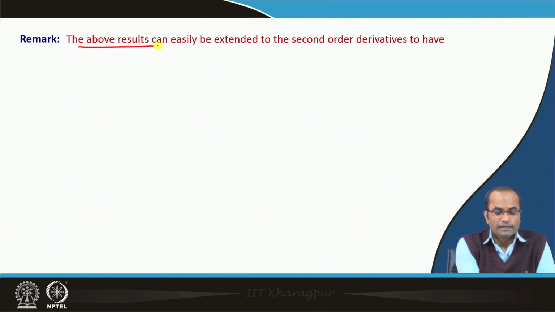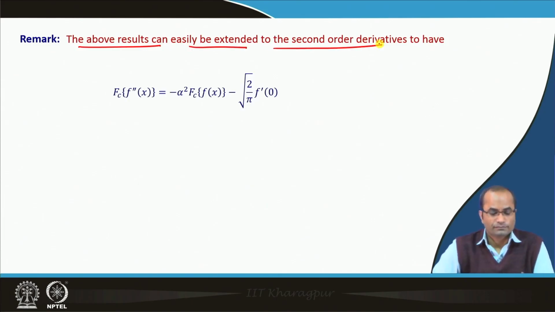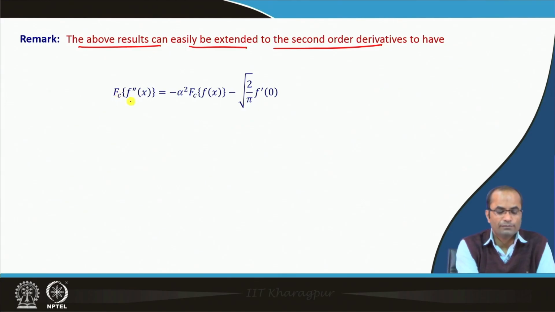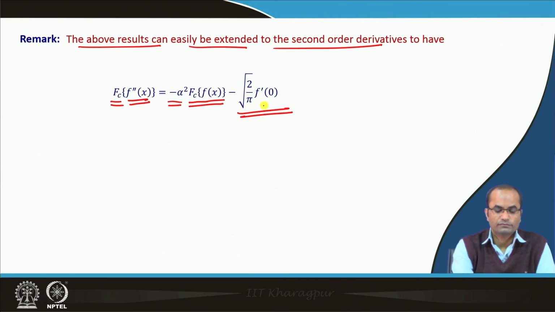So, the above result can easily be extended to the second order derivatives. That means, if we apply the Fourier cosine transform on the second derivative, we will get minus alpha square times the Fourier cosine transform of f(x), and then there will be an additional term, square root 2 over pi f prime(0).